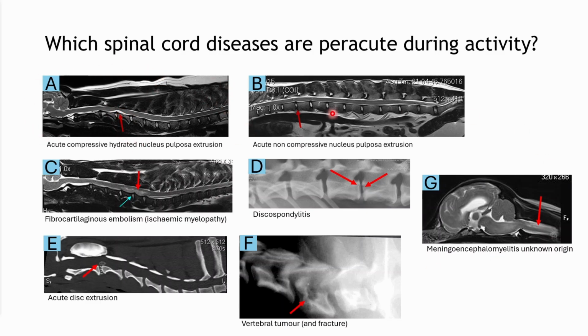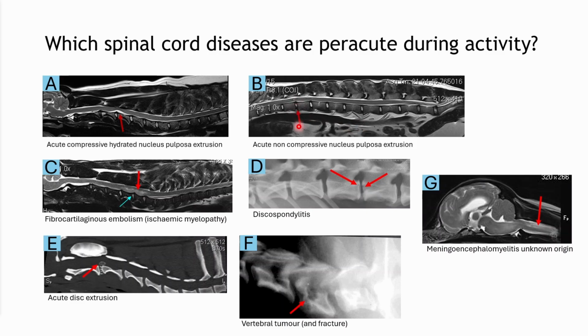If these names are not familiar to you, then I commend to you the little video on different types of disc disease. Could it be acute non-compressive nucleus pulposus extrusion, which is ANNPE, or as I prefer to call it, because it makes a lot more sense, a high velocity, low volume disc extrusion.